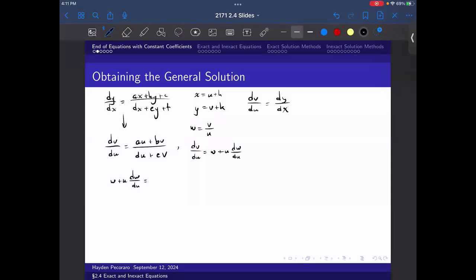equals a plus b w over d plus e w. All right. And we can move the w to the other side and find a common denominator. This should be somewhat familiar.